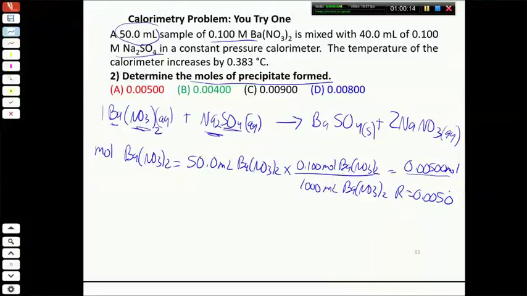And then for the other reactant, which is sodium sulfate, we're looking for the moles. We have 40 milliliters of that solution, also a molarity of 0.1.